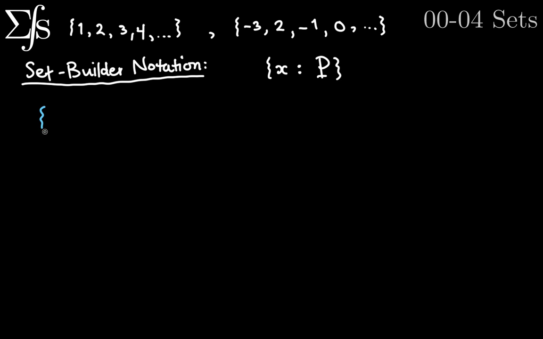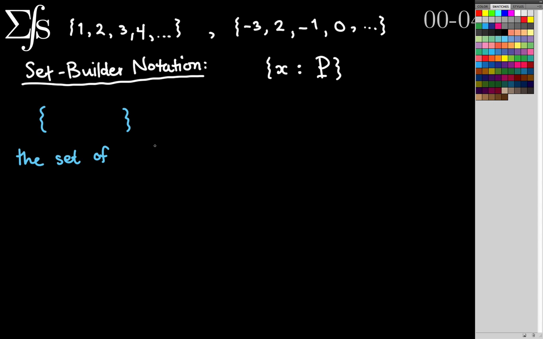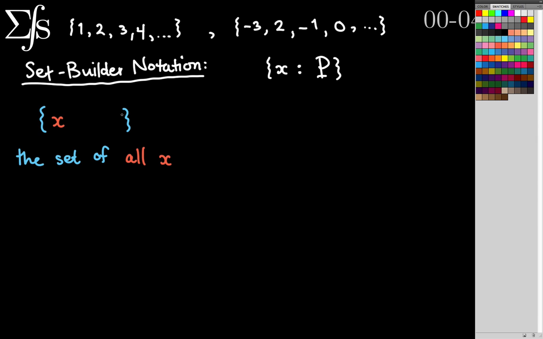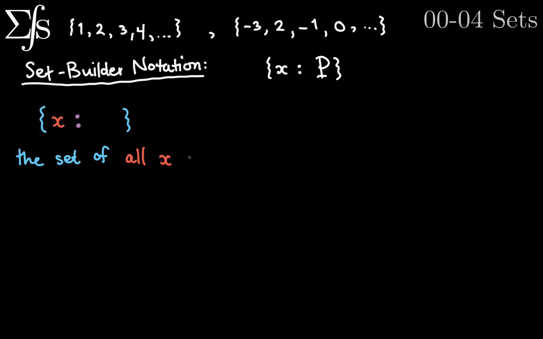So here's what the brackets mean. The brackets mean the set of. Then what we have is that x right there. So that's the set of all x. Then the colon here means such that.